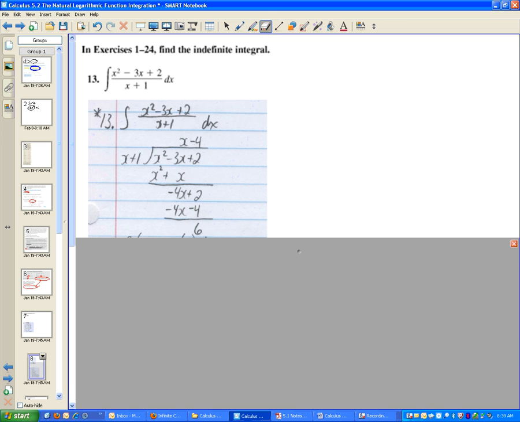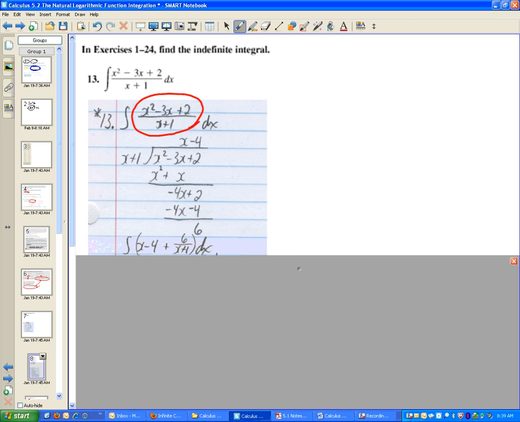What does this tell us? It tells us that our expression can be rewritten as the quotient plus the remainder of 6 over the divisor of x plus 1.